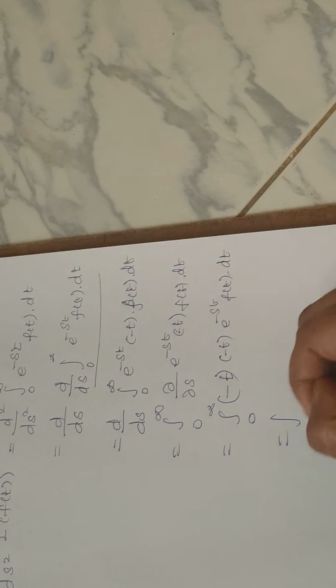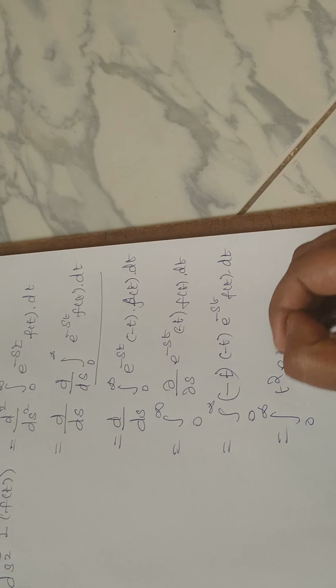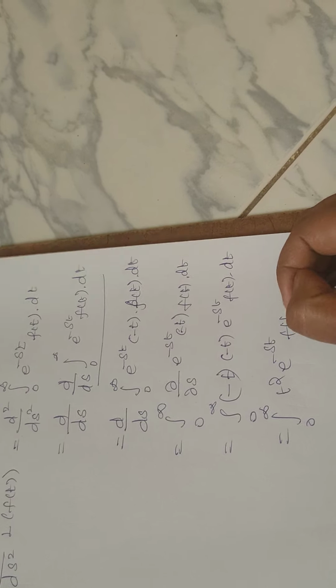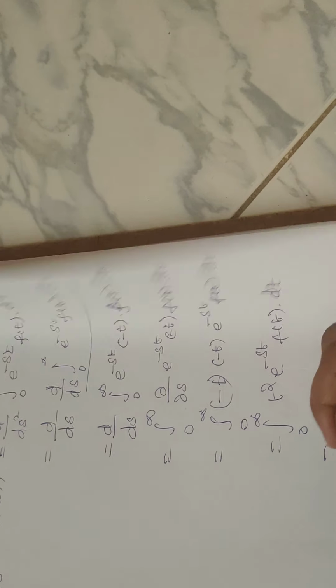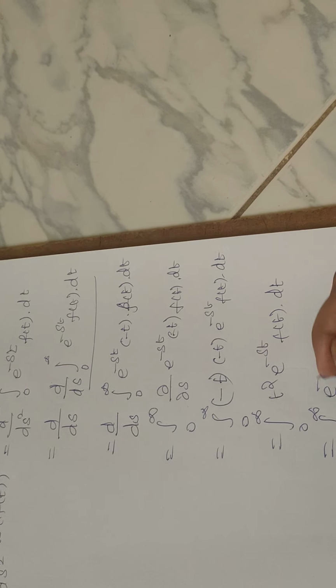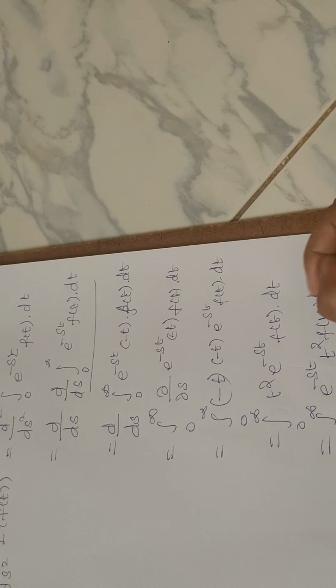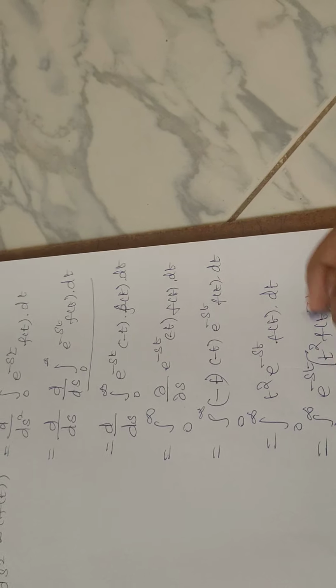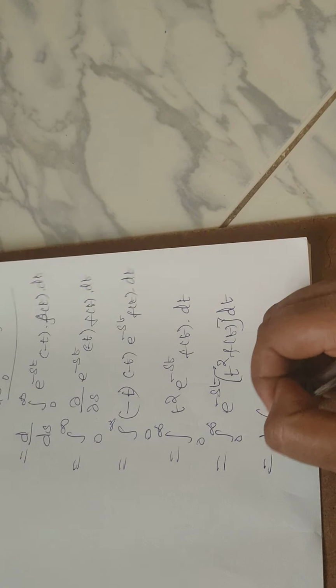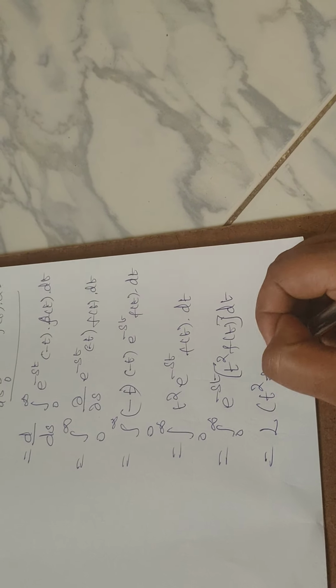So we get the integration from 0 to infinity of t square e power minus st f of t dt, that is the integration of e power minus st t square f of t dt. So this is nothing but L of t square f of t.